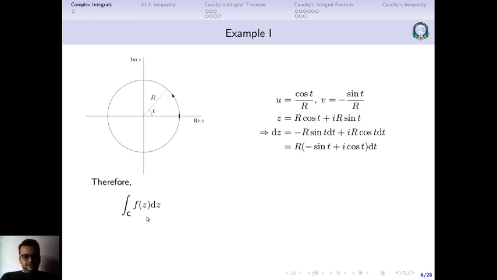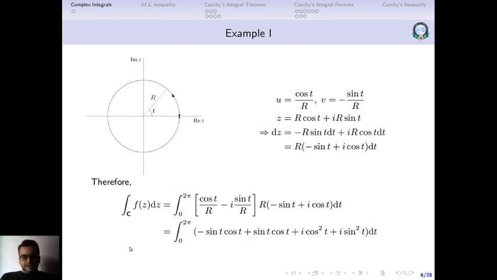So therefore this integral, if you would like to work this out, we replace f of z. f of z is u plus iv, and dz is this entire thing. So expand this, and we'll get minus sin t cos t plus sin t cos t, which will get cancelled, which will leave behind this. Okay, so integration of cos square t plus i sin square t.